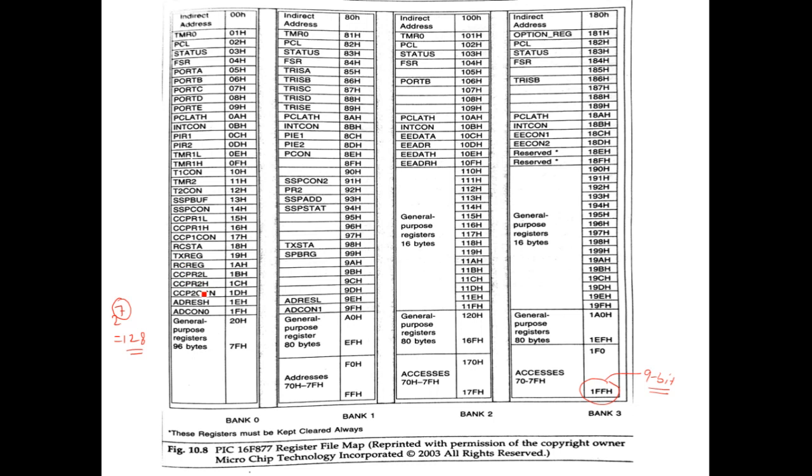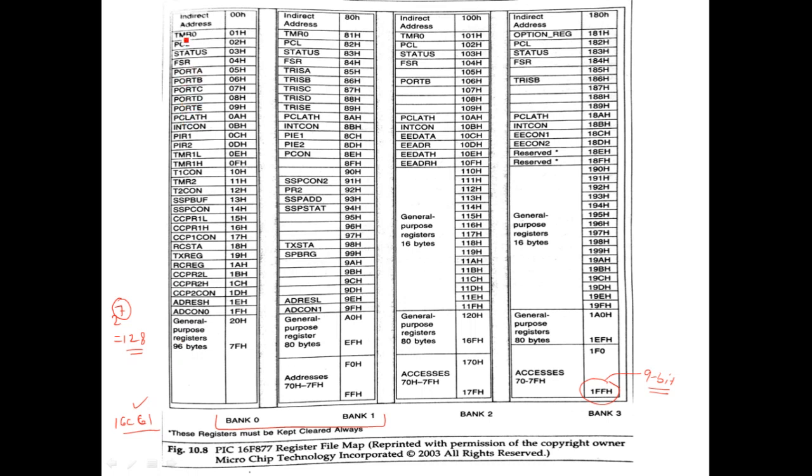If you compare these 2 banks, bank 0 and bank 1, with the corresponding banks in the 16F84 microcontroller, you will realize that the distribution of the different SFRs at the different addresses is the same as it was for the 16F84.